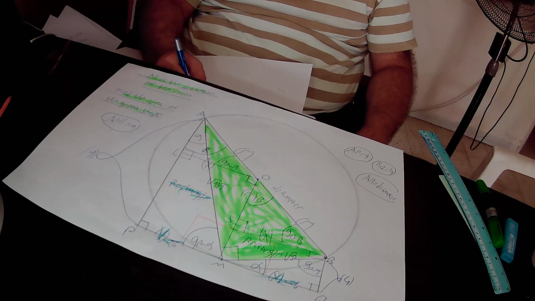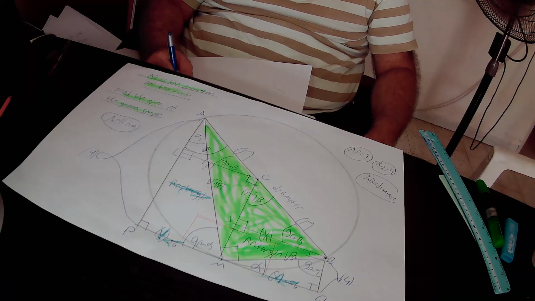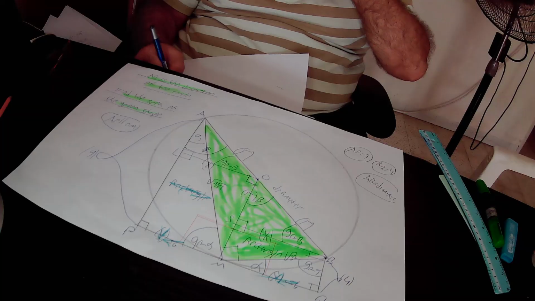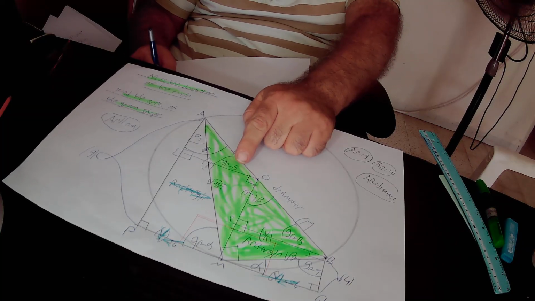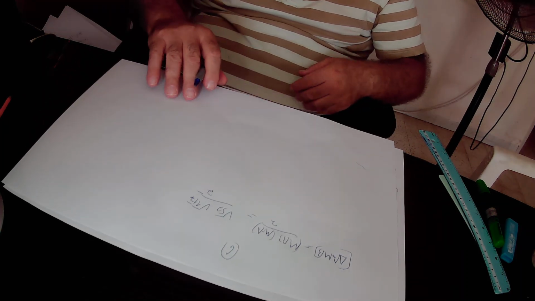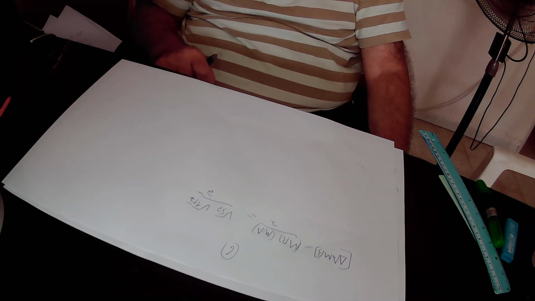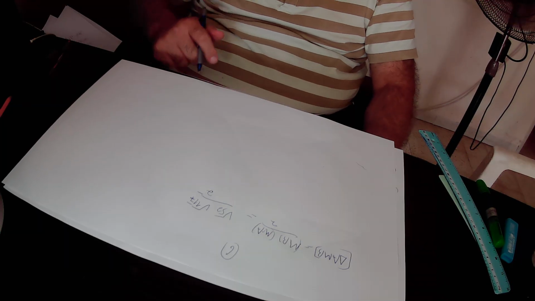Now we know that MB equals the square root of 52 times AM. AM equals the square root of 117 divided by 2. So the area of the green triangle AMB equals the square root of 52 times the square root of 117, over 2.